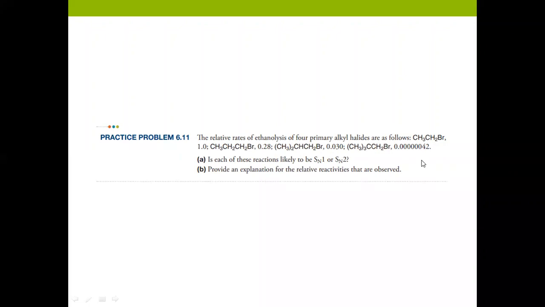The question is, is each of these reactions likely to be SN1 or SN2? So let's go through each of these substrates one by one. How do you explain that?